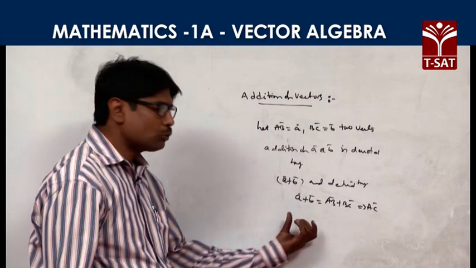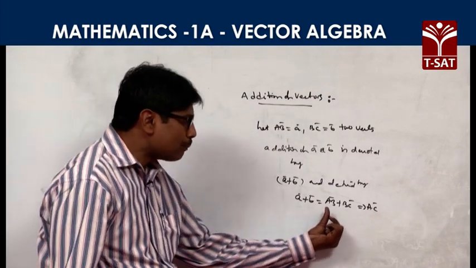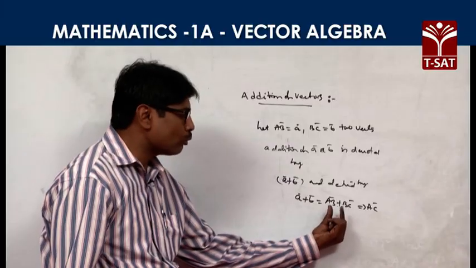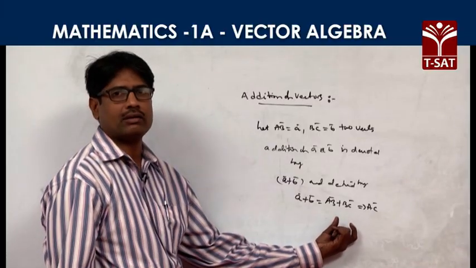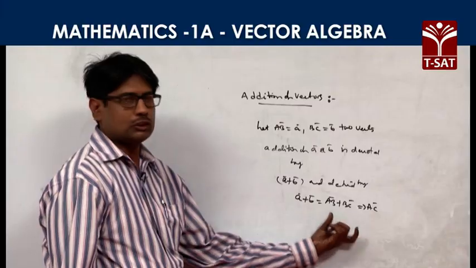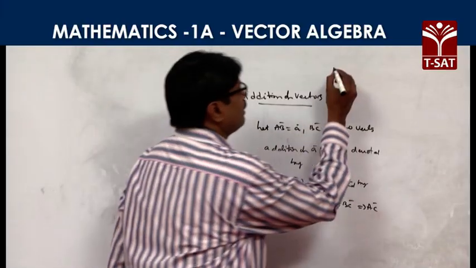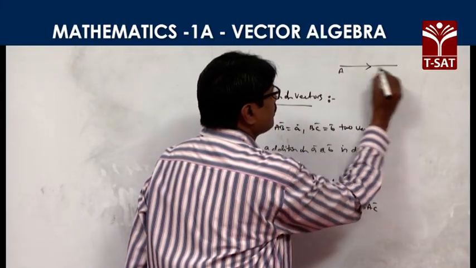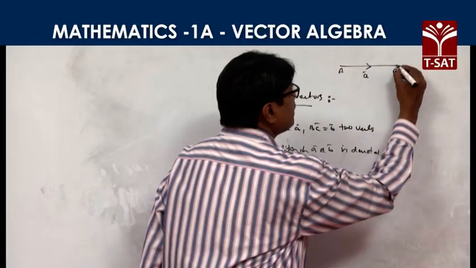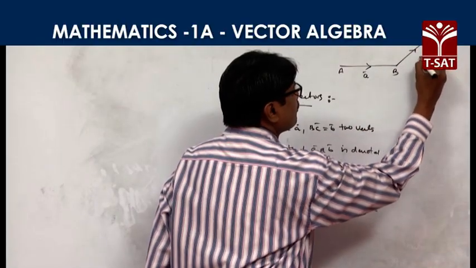To add two vectors, the terminal point of the first vector should coincide with the initial point of the second vector.